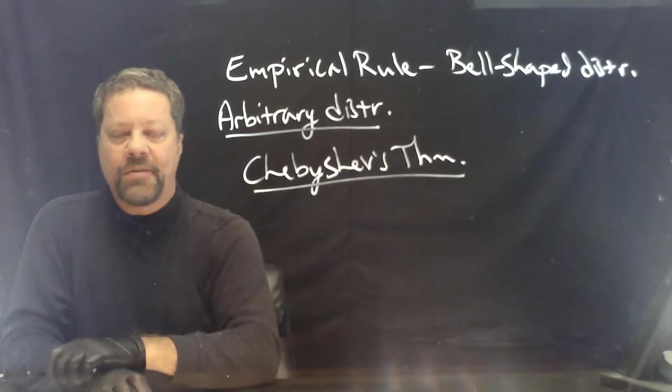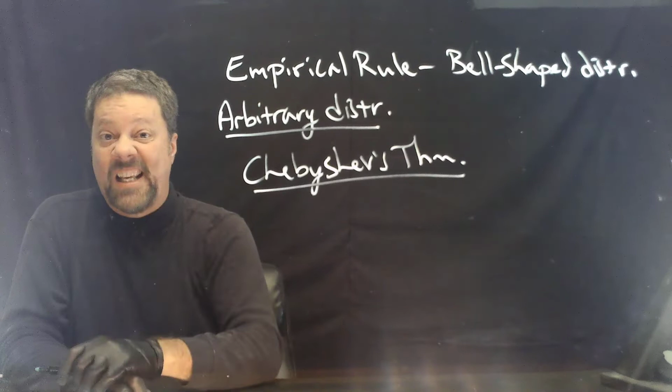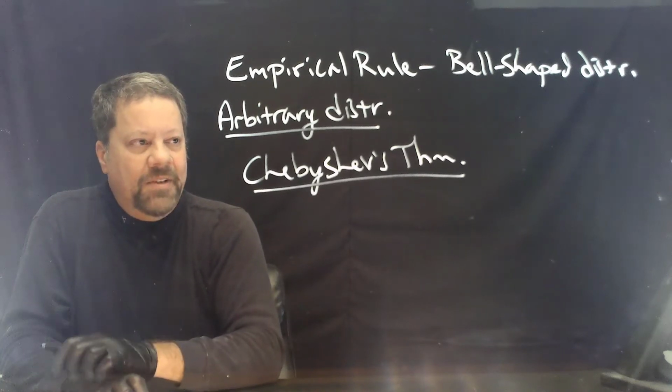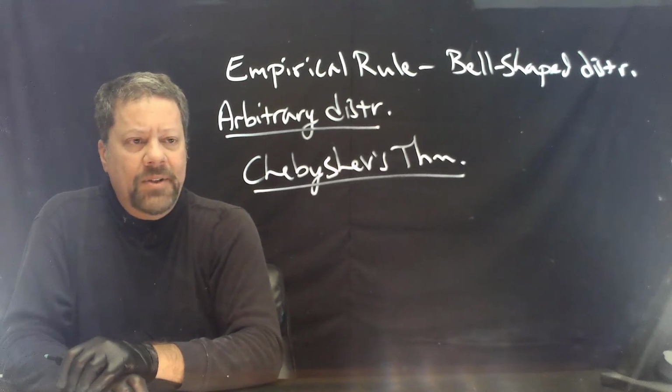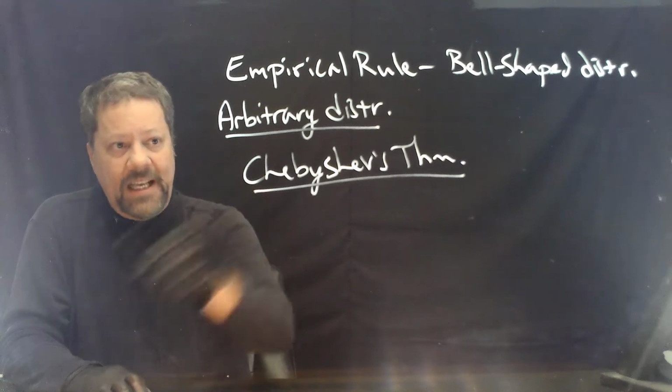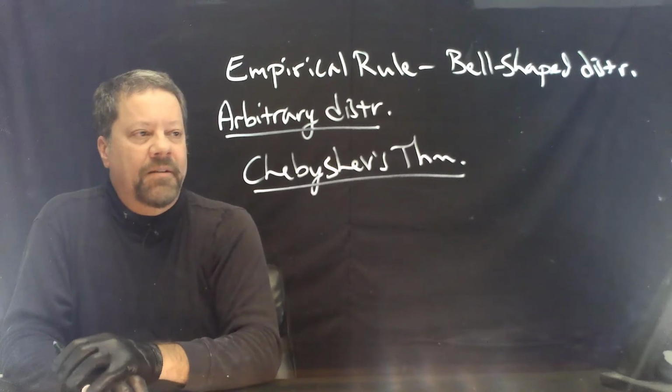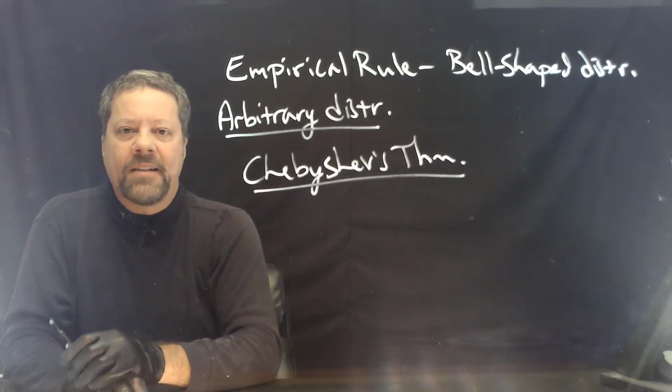There are different ways of spelling Chebyshev's. Some of them begin with a T, believe it or not. It's hard to translate Cyrillic into English, and so sometimes the Cyrillic will give you a T, Tchebysheff's theorem. But it goes like this.